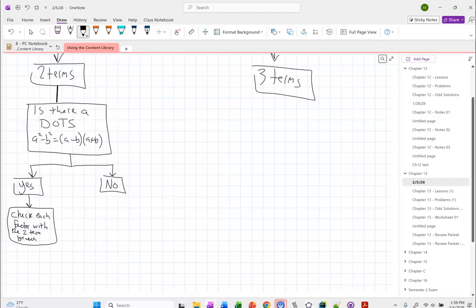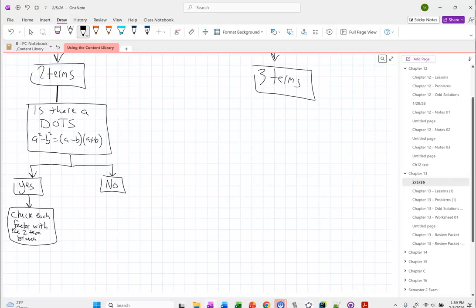So the first question we ask, if there's 2 terms, is it a difference of 2 squares? That's what DOTS stands for, difference of 2 squares. And I wrote the factoring pattern below. If it's yes, we do that factoring, and then we have to check each of those 2 factors, my A minus B and my A plus B, down the 2-term branch again. Everybody's okay there?